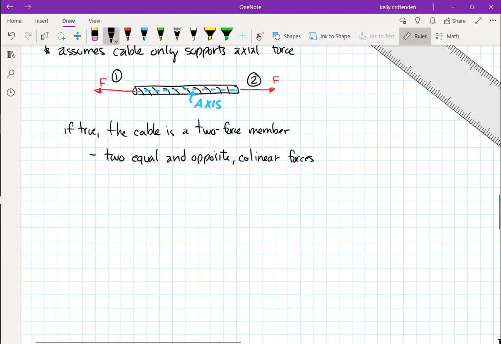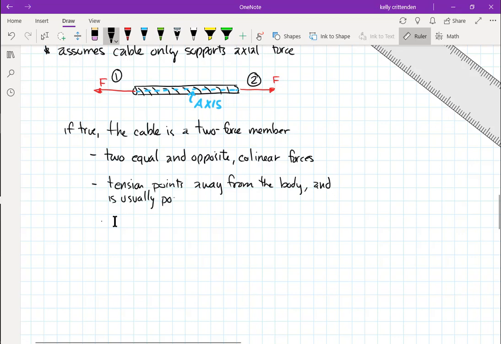And so normally, tension, so that's what I drew here, is tension. There are forces pulling on the rope. So tension points away from the body, like I drew it here, and is usually positive in magnitude, so you use a positive number for it.